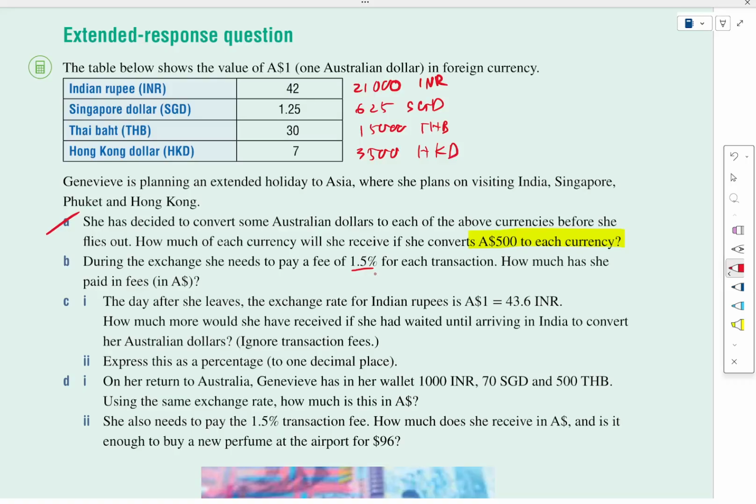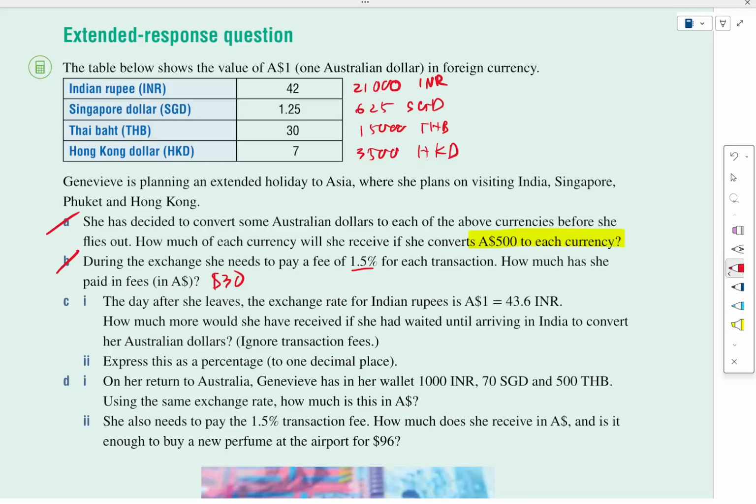Like fees in Australian? Yeah, in AUD. $30 Australian. Yep, 30 Australian dollars is correct.